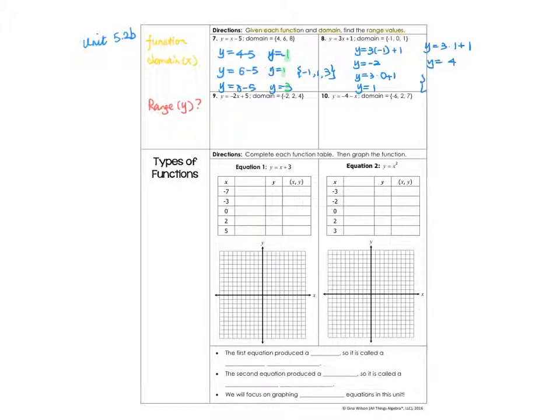So now your range is -2, 1, and 4. Close bracket. Okay? For number 9 and 10, again, I want you to press pause now and complete it. And when you're doing that, I will finish writing, posting the answers, and you can come back and check your answers.